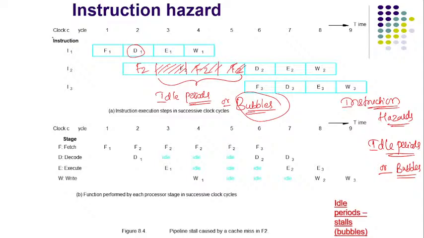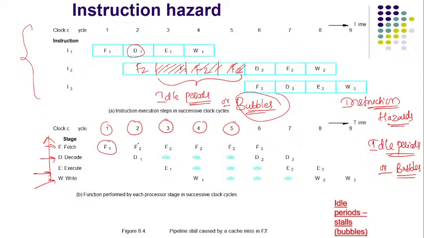See here, the diagram is represented in this way, horizontally and vertically. Vertically we have the fetch unit, decode, execute, write, and horizontally the clock cycles. In the first clock cycle the first instruction is fetched. In the second clock cycle the second instruction is fetching and the first instruction is in the decoding stage.